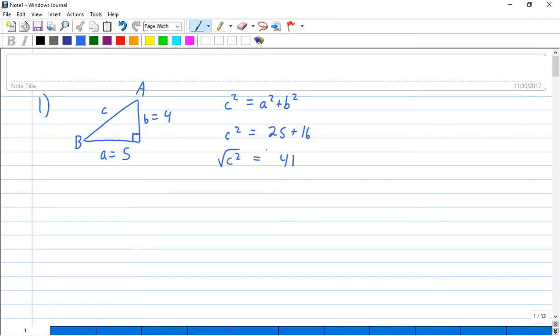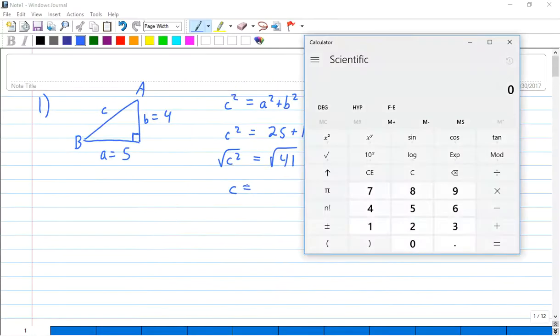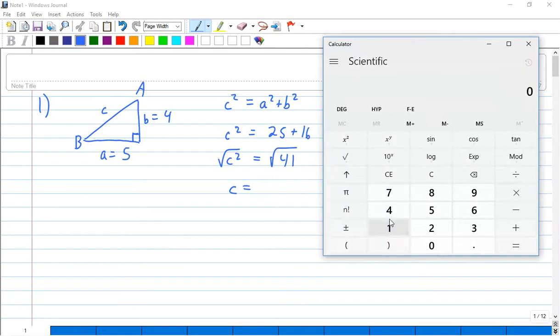So take the square root of both sides. So C equals, and you'd want to do that in a calculator. Directions say to round to 2 decimal places if needed. So it'd be 6.40 or 6.4.